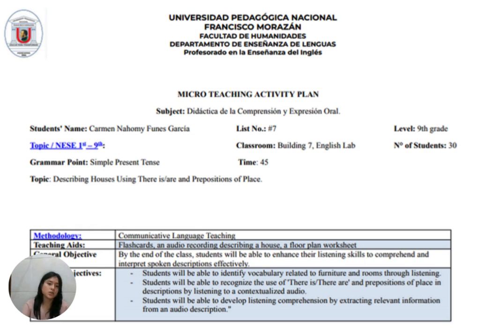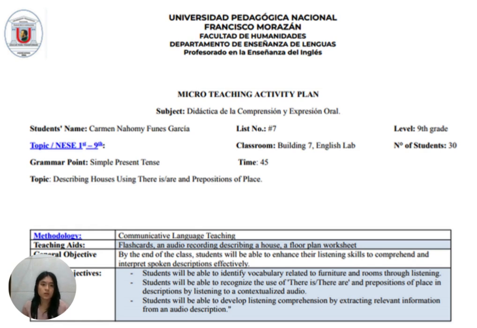The general objective is that by the end of this lesson, students will be able to enhance their listening skills to comprehend and interpret a spoken description effectively. The specific objectives include, the first one, identifying vocabulary related to furniture and rooms through listening.